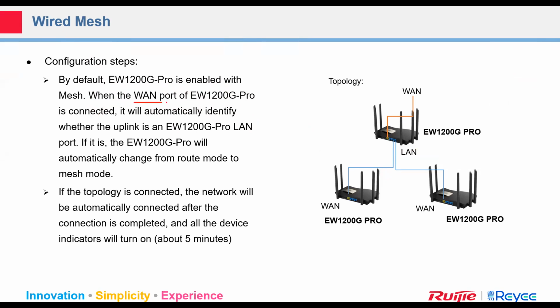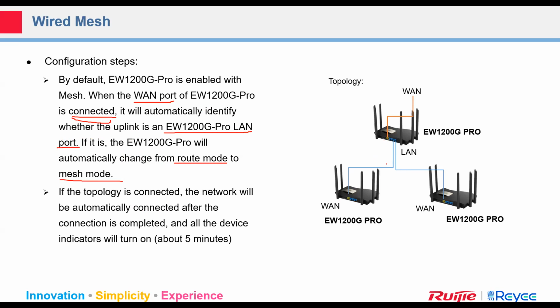When the WAN port is connected, it will automatically be defined as uplink, and the LAN port too. If this happens, this router will change from route mode to mesh mode.